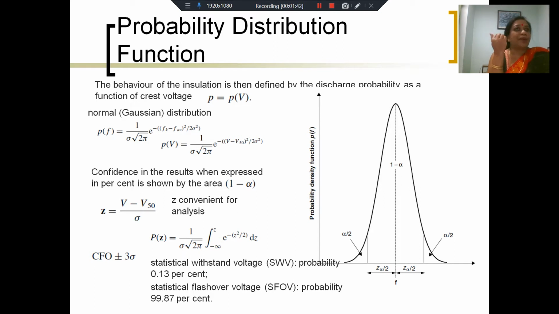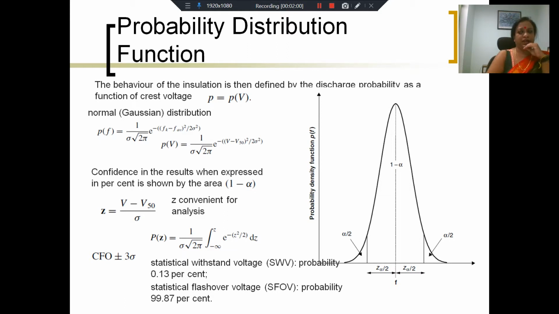That's the best I can do. I can only characterize the behavior of the insulating material at a particular voltage by its probability of breakdown at that voltage.